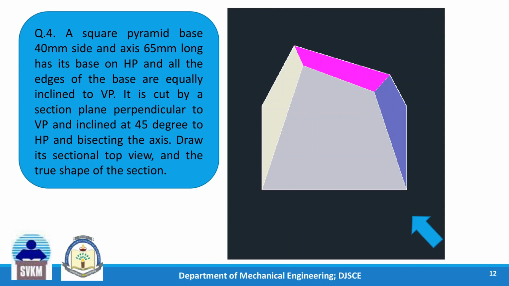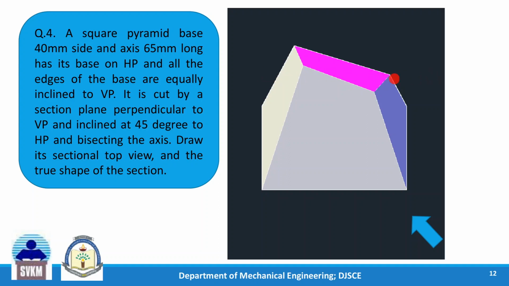It's a square pyramid having all its base edges equally inclined to VP. So this is being observed from this direction for getting the front view, and these base edges are making 45 degree angle with VP, and it is being cut by a cutting plane. Now the cutting plane is passing through the axis.